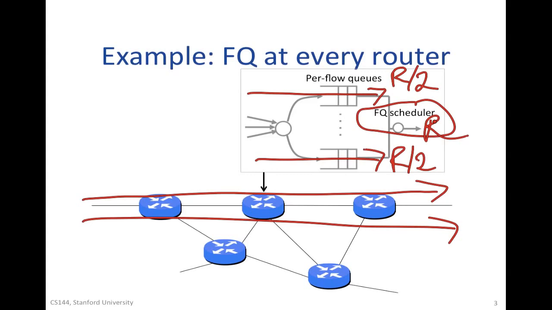Well, the first thing is that it isn't responsive. It's simply going to divide up the links. But there's nothing here that will tell the sources the rate at which they should send, or give them any indication of how many packets they should send.